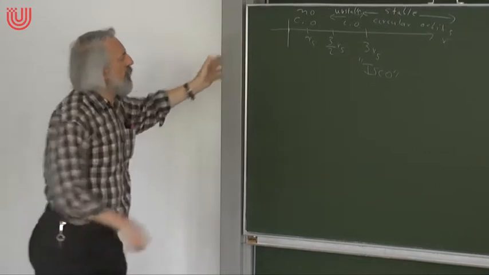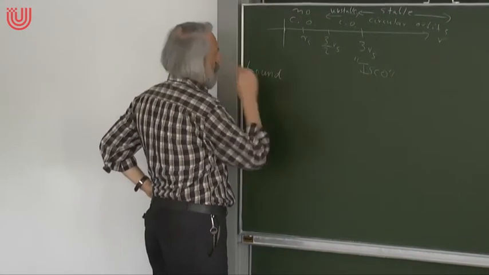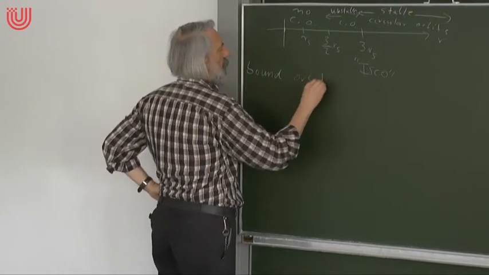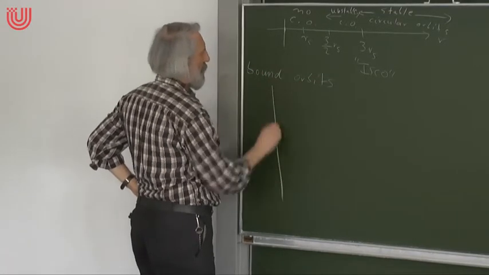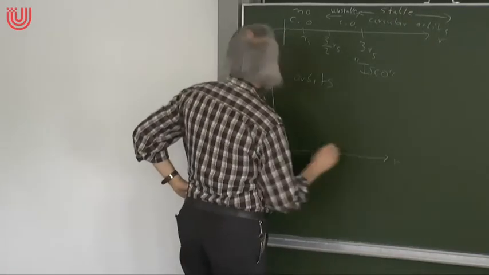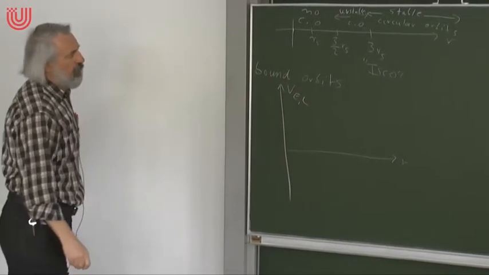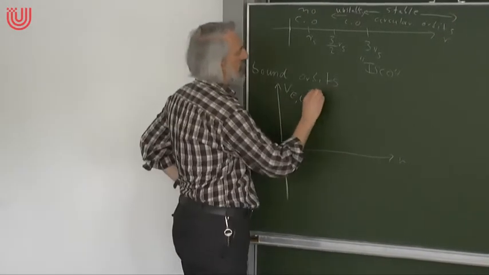And then we talked about bound orbits in general, not necessarily circular. For that we had our effective potential, which was labeled by the constants of motion E and L. It was a function of r.